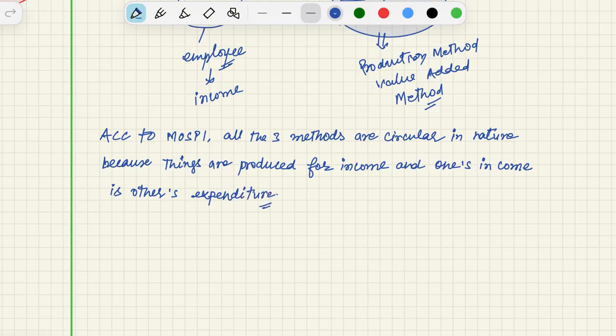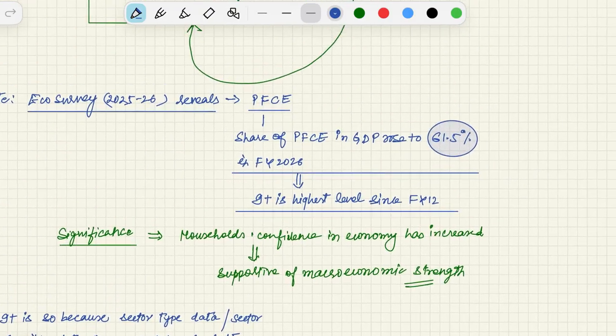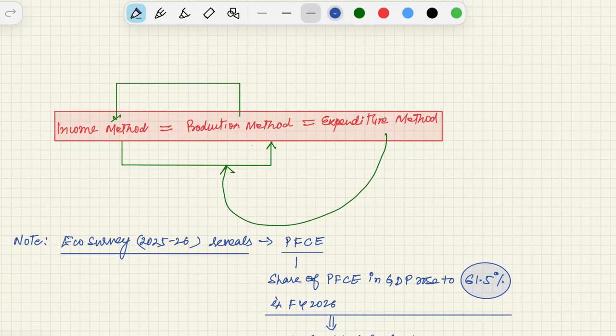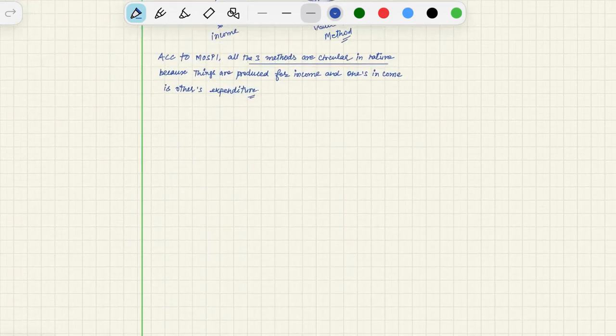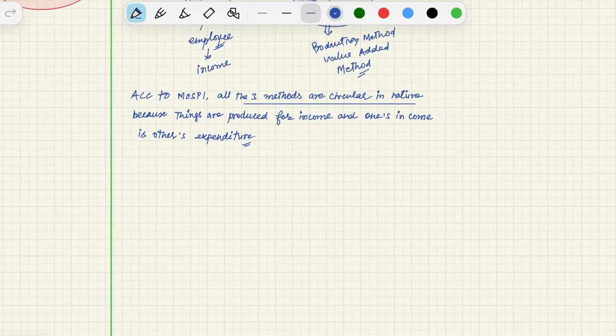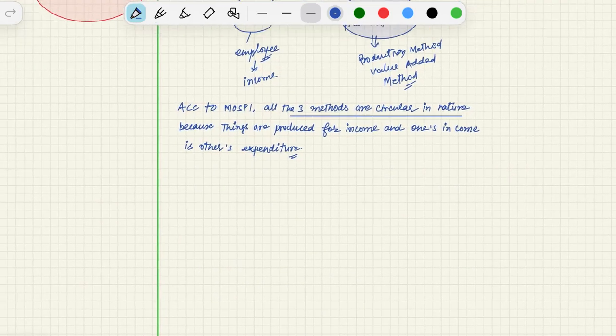So they have told that all the three methods are circular in nature. That means by identifying one, you can identify the second one. I already told you, they are circular in nature, because the economy itself shows circularity.